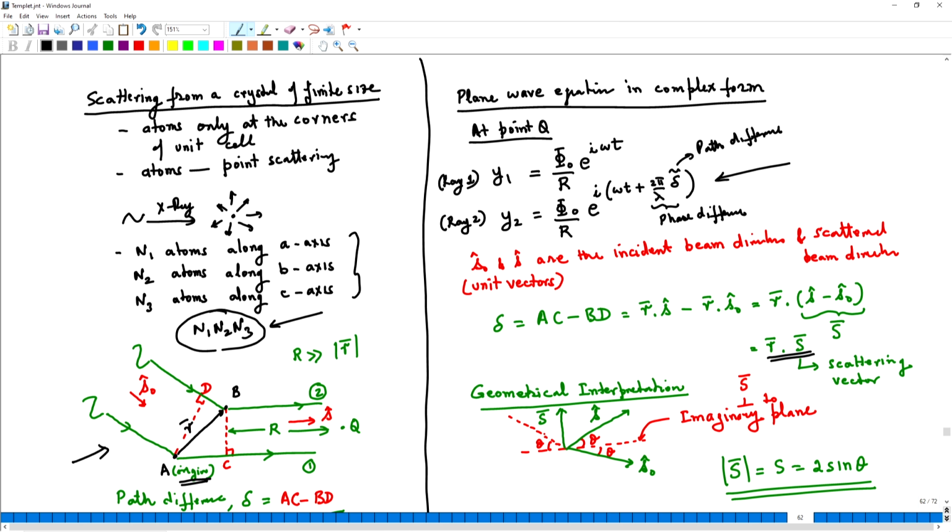From here one determines what would be the path difference when the X-rays reach the point Q, and if the path difference is an integral multiple of wavelength, then we will have constructive interference.